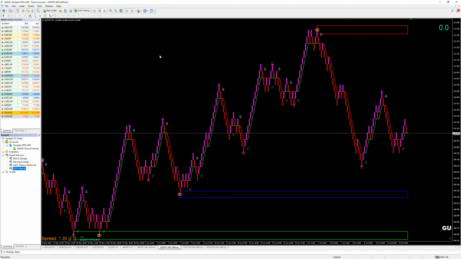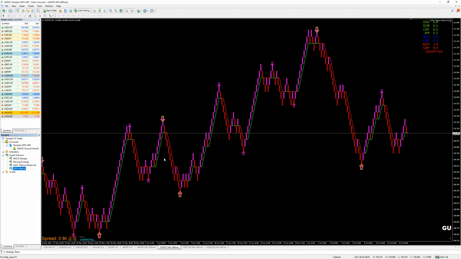If you want the EA to trade every ultimate arrow here, and to exit with every ultimate arrow, and to enter here until the other ultimate arrow, that's what the EA will do. It will exit the market after the other ultimate arrow and wait for another entry. The EA will be doing that.